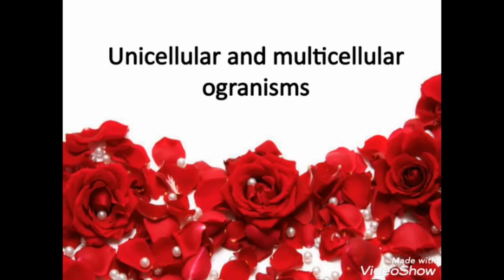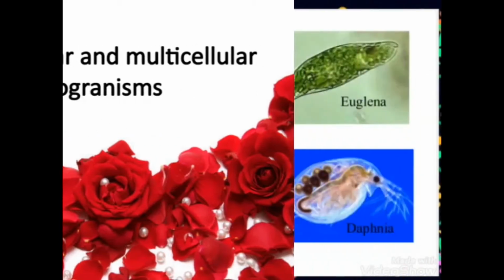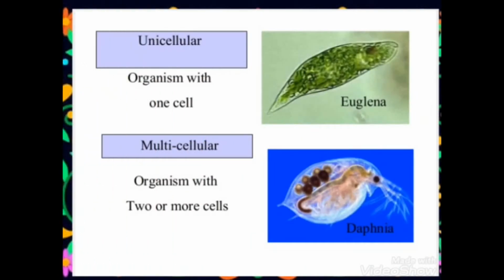Our first topic is unicellular and multicellular organisms. Unicellular organisms are those organisms that are made up of only one cell, and multicellular organisms are made up of two or more than two cells.